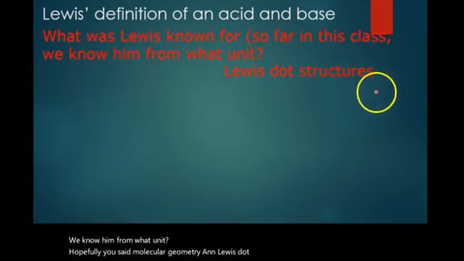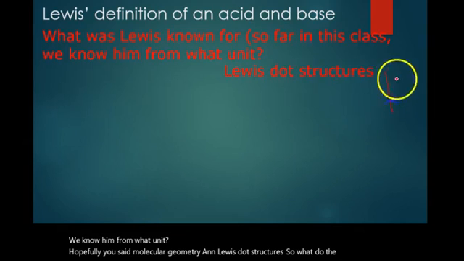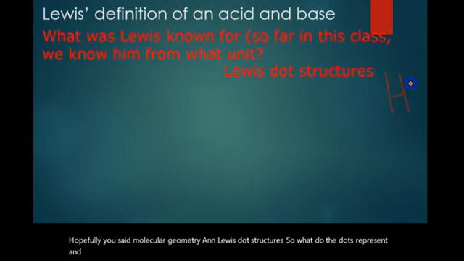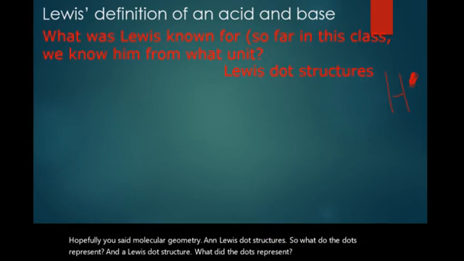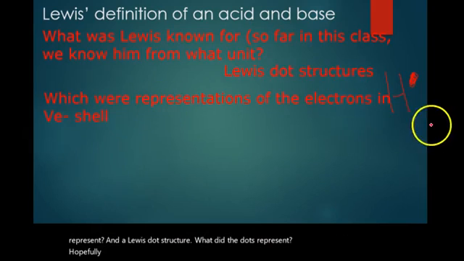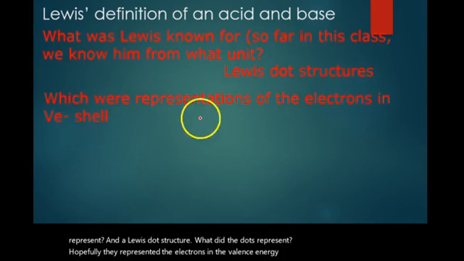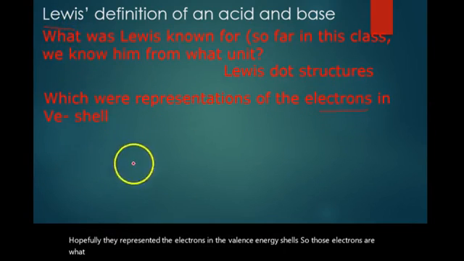What do the dots represent in a Lewis dot structure? Hopefully you know they represented the electrons in the valence energy shells. So those electrons are what Lewis structures are made of.